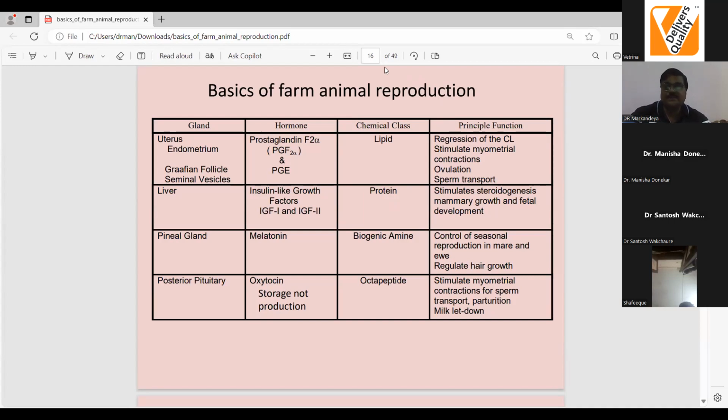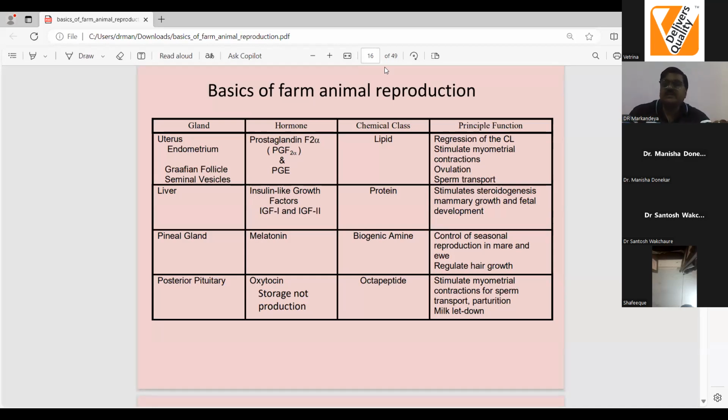From the liver, what we have discussed about the insulin-like growth factors, those are produced by the liver, and we know that it's a main center of metabolic activities, and these IGF1 and IGF2 factors are initiating, igniting the reproductive system.